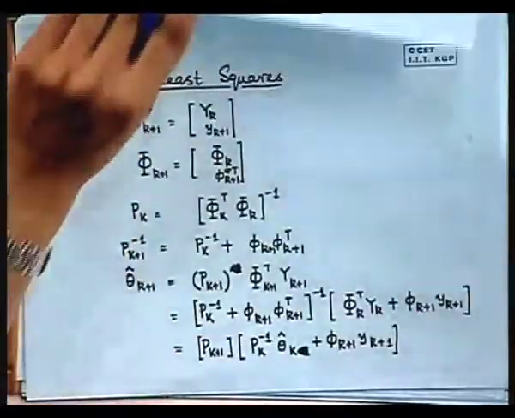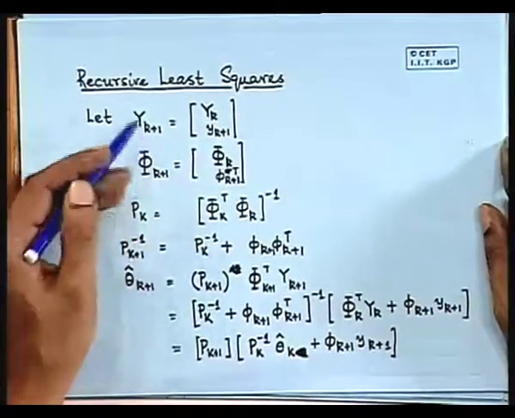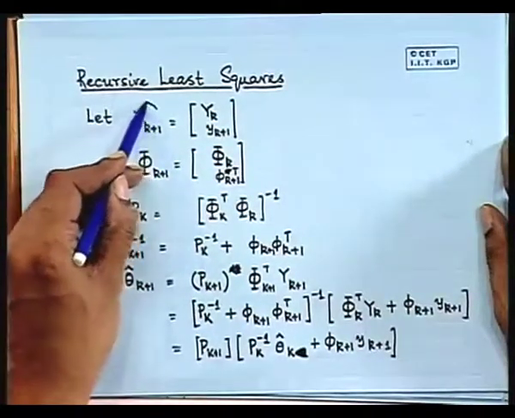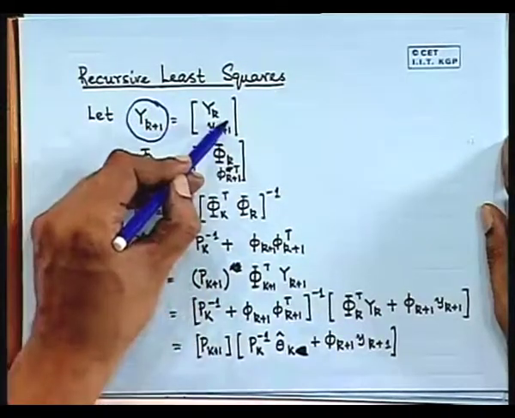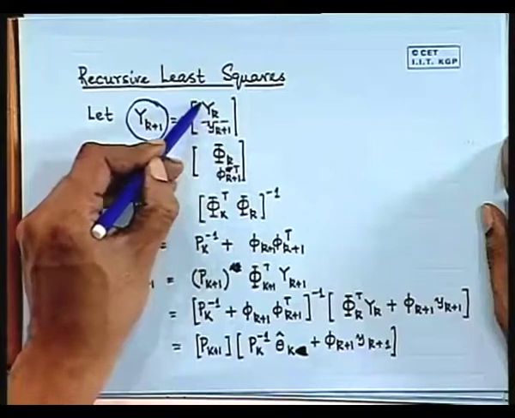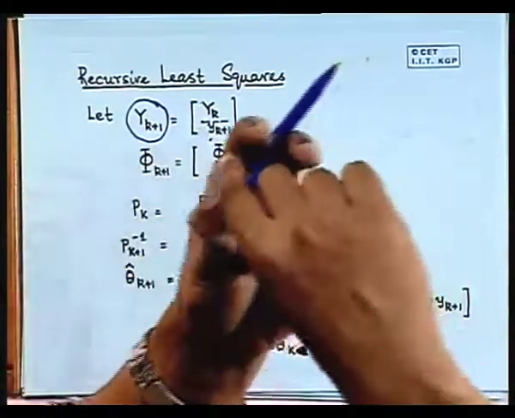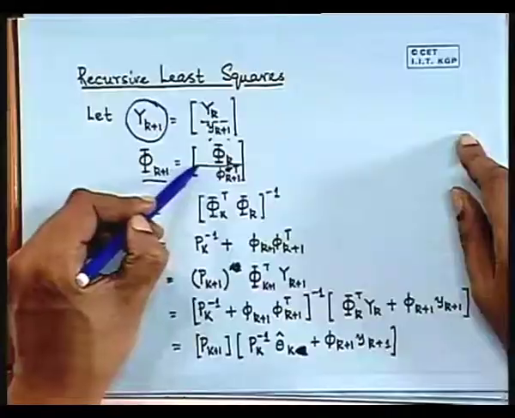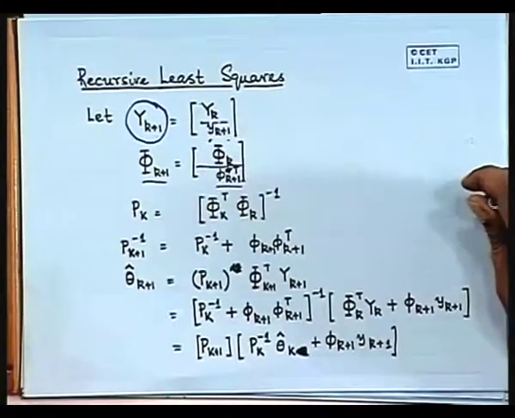That's very simple. I have just written what happens if you have one more data point, then how does capital Y look in terms of small y. So it is like the previous yk and then another element added at the end. The vector will become one more element longer. Similarly, this phi matrix will become the old matrix plus another row at the bottom.